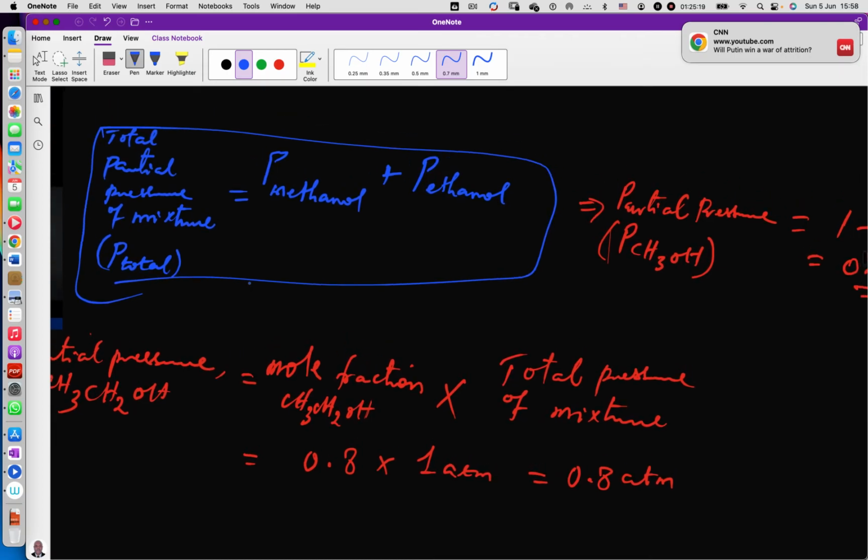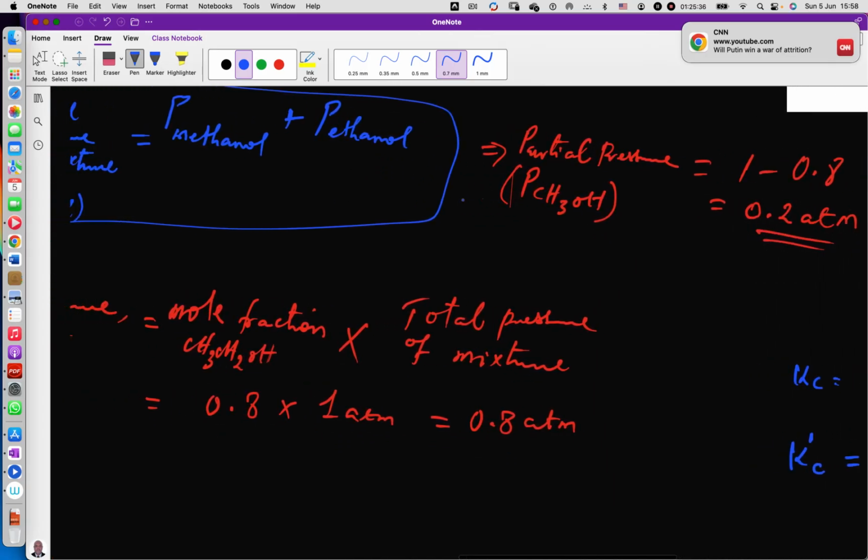Remember that the total pressure of a mixture of methanol and ethanol is equal to the partial pressure of methanol plus the partial pressure of ethanol. We will use that formula.